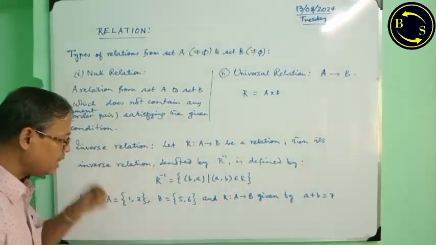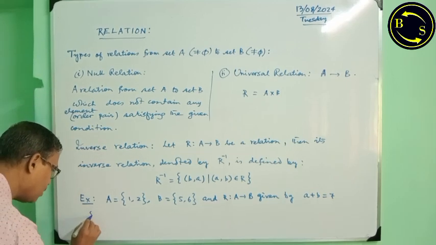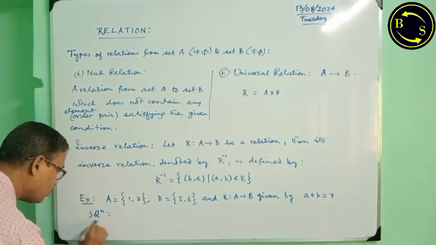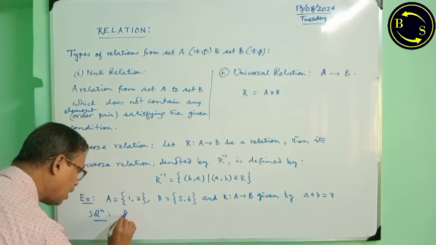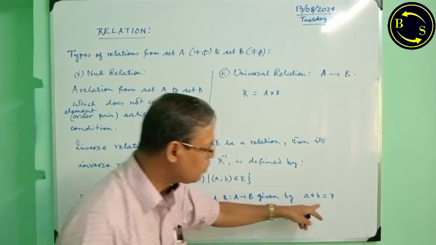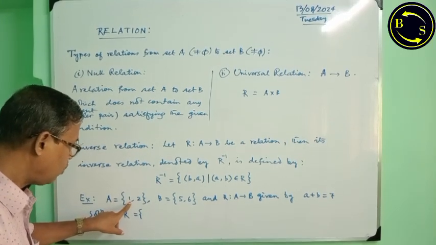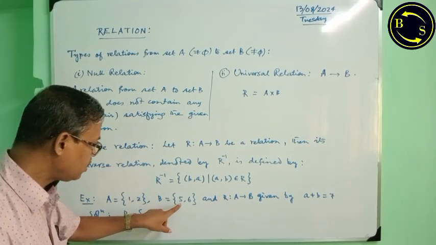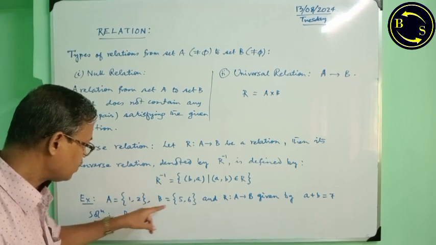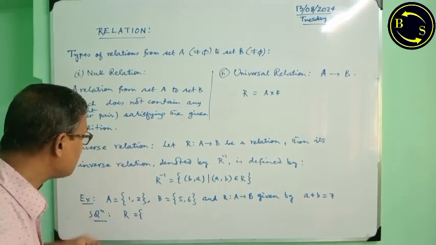Then what will be the inverse relation? First we find relation R, A plus B equal to 7. First we consider the first element 1 and we add with each of these. First will give 6 and the second one will give 7.